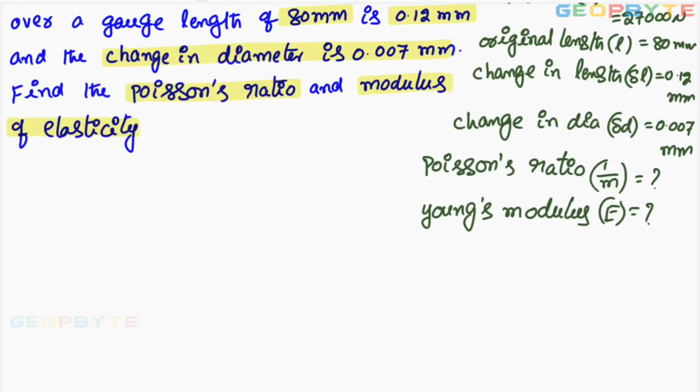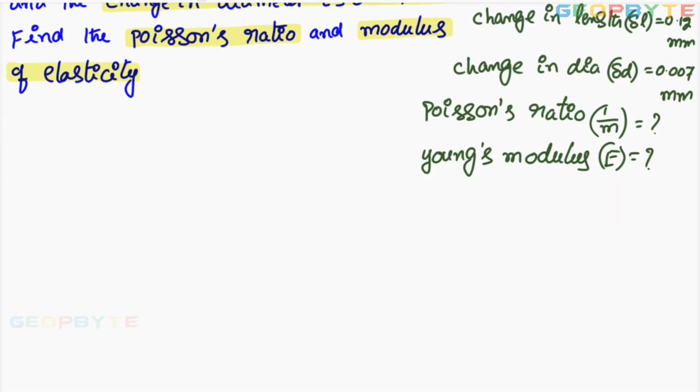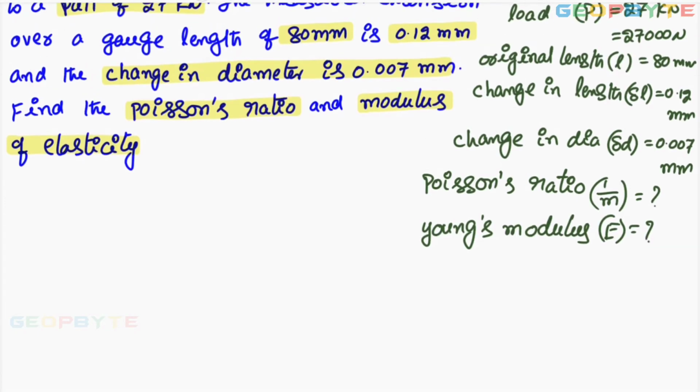The solution is, you are asked to find the Poisson's ratio. Poisson's ratio equal to lateral strain by linear strain. First, let us find the longitudinal strain.